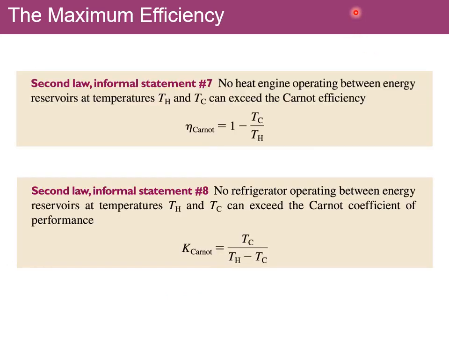We can write the second law informally as no heat engine operating between energy reservoirs at temperatures T hot and T cold can exceed the Carnot efficiency equal to 1 minus T cold over T hot. We can also say that the coefficient of performance equals T cold over the difference of T hot and T cold on an absolute scale.